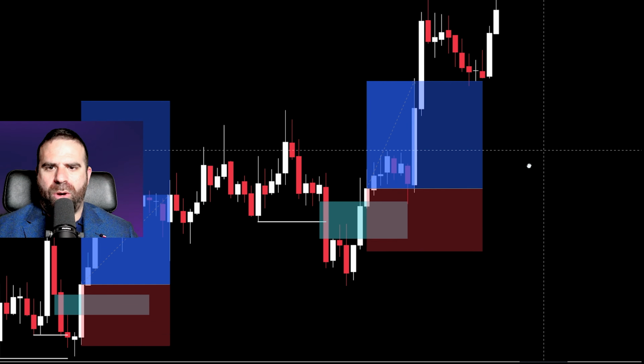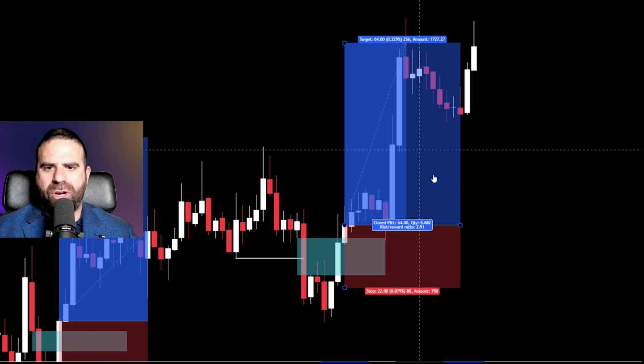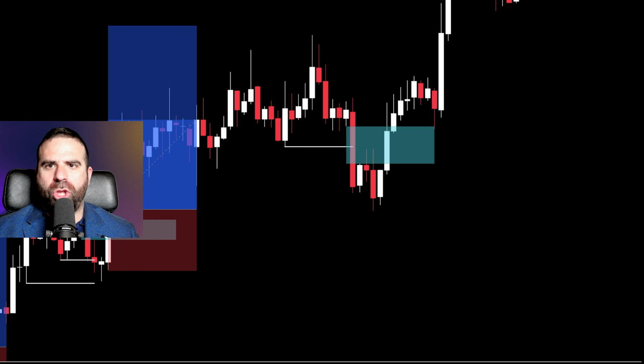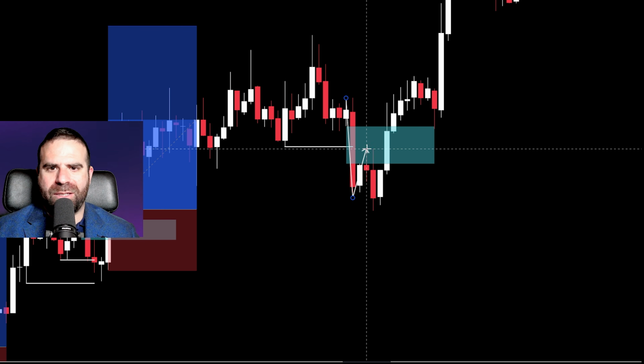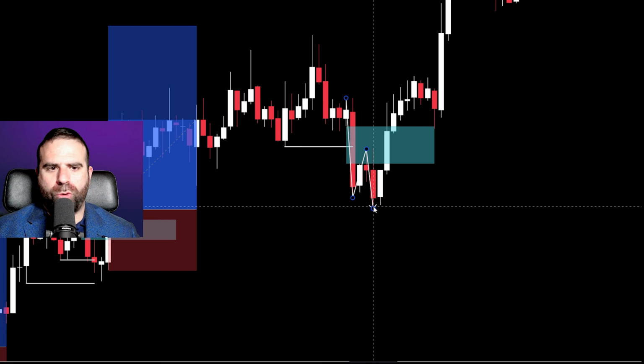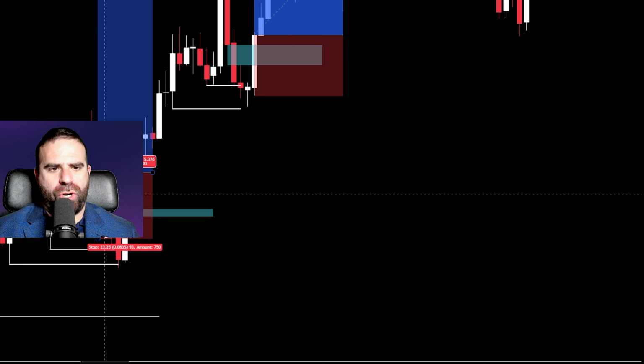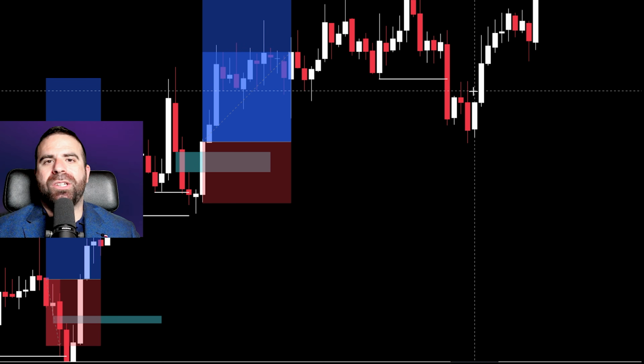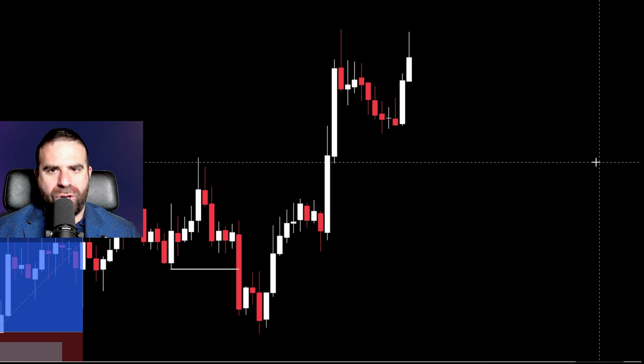I would place it below the inversion FVG, of course, in this occasion, and target 3-to-1. No, you will not be doing that because you don't like this intermediate move right here. You want to see an instant penetration of your fair value gap, of your bearish fair value gap in this occasion, which will turn it into an inversion fair value gap.